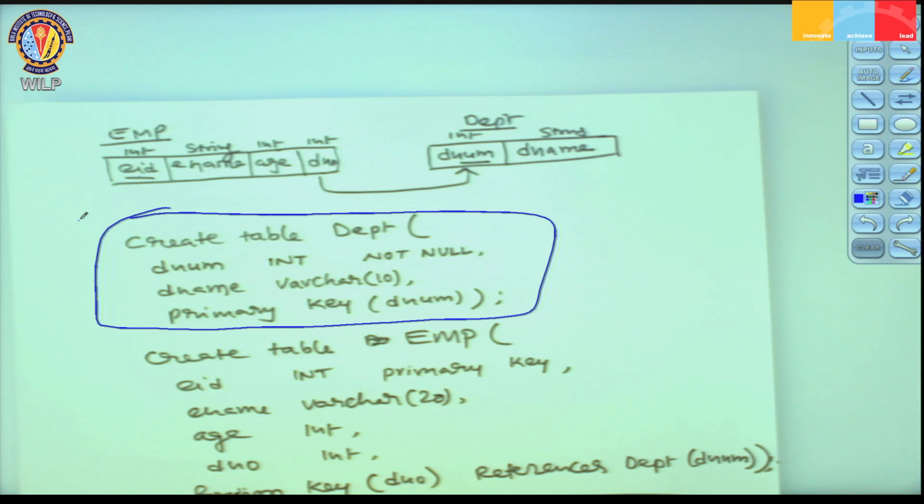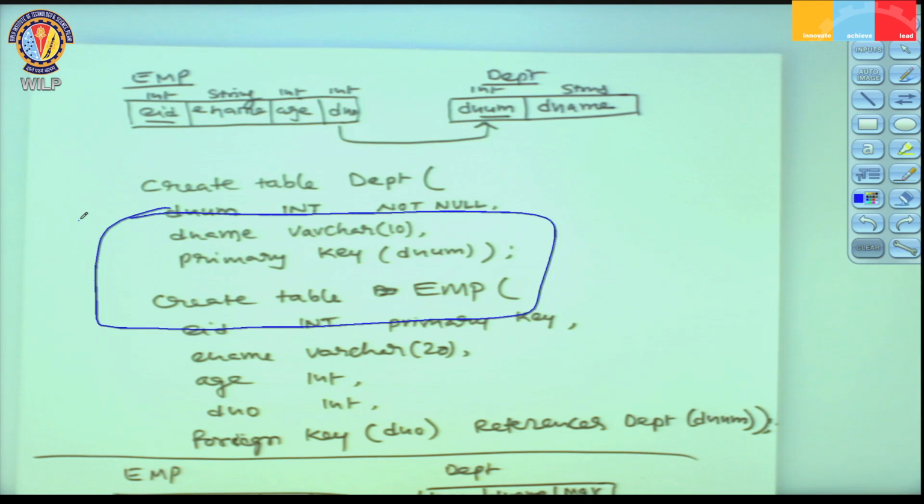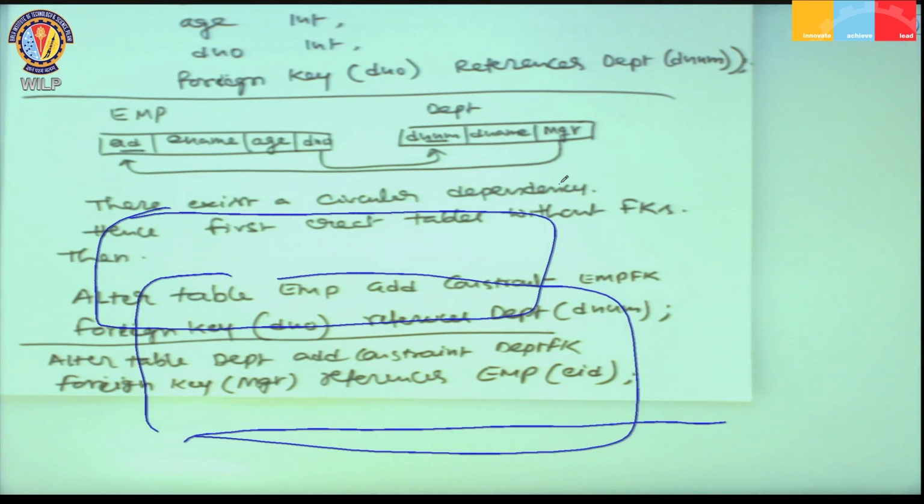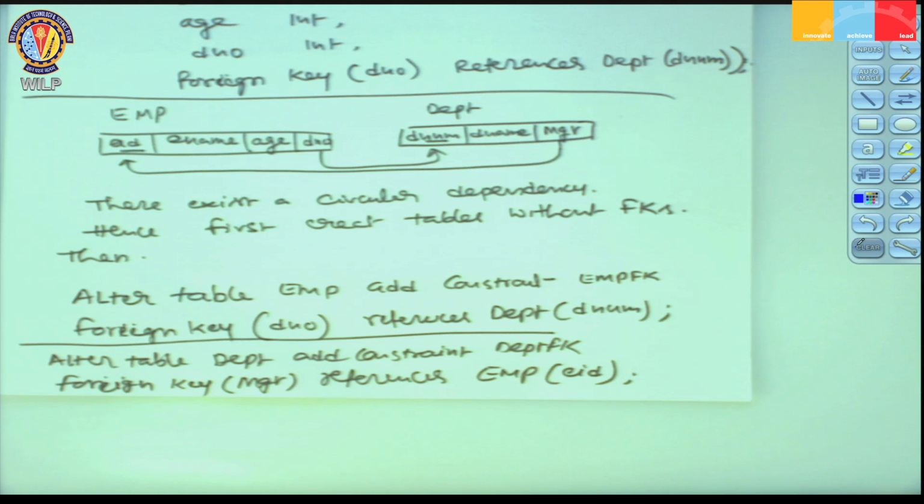Then I can create the employee table completely, but without this foreign key constraint. Then I am done with both. That means the structures of the employee table and the department table already exist in the database definition. Then after that, I can think about defining the foreign keys.